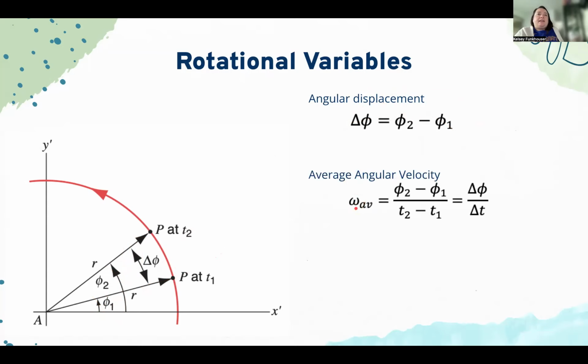So average angular velocity is given by omega, W, but it's a Greek W. And it's just the angular displacement divided by the time interval, or phi2 minus phi1 over time 2 minus time 1. But if we want the instantaneous angular velocity, we need to decrease the interval until we're just taking the derivative of the angular position with respect to time, and that's how we get the instantaneous angular velocity.